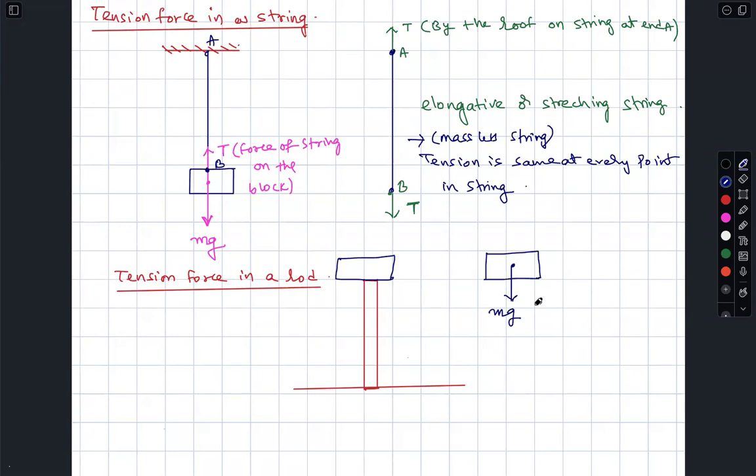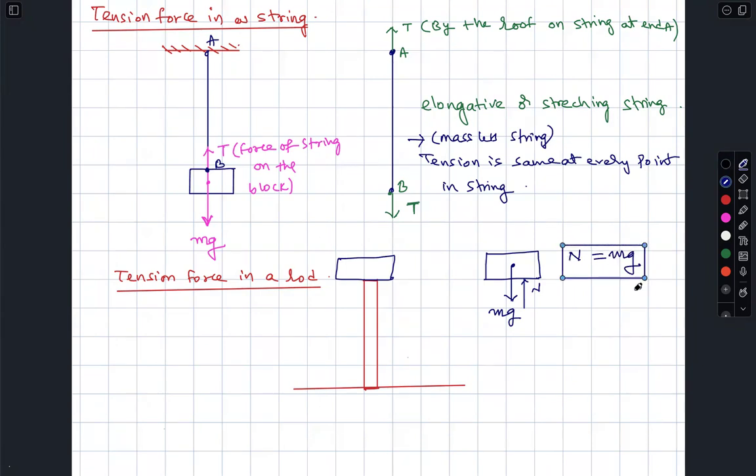Hanvit, can't you answer this? Sir, the normal reaction from the rod. Yes. The rod is exerting a force. You can call it a normal reaction that keeps the block at rest.